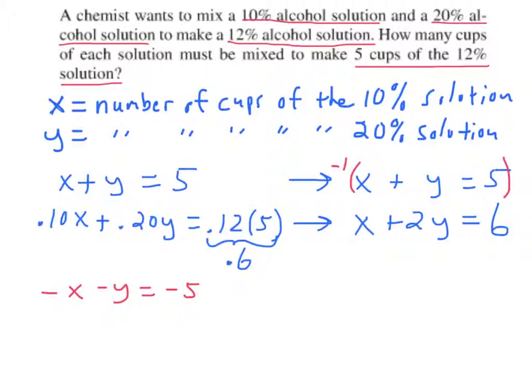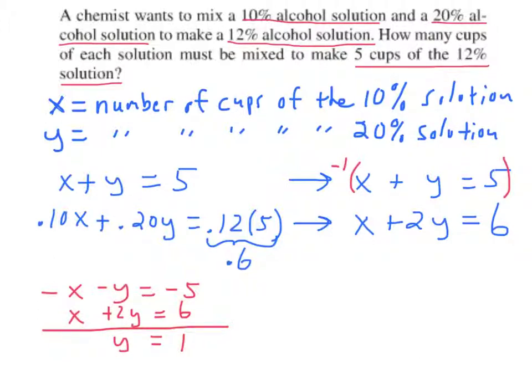And then we still have our second equation, which I'll put underneath, x plus 2y equals 6. And then we add the equations together vertically. Now when we do that, these x's cancel out, which is exactly what we want to have happen. And then we end up with a negative y plus 2y, so y equals 1.